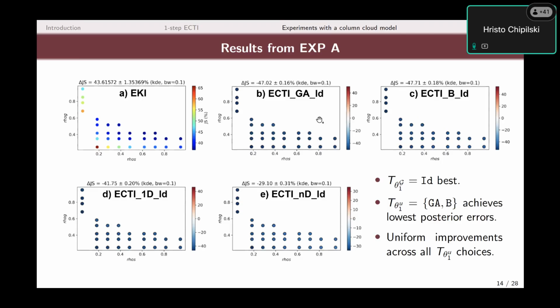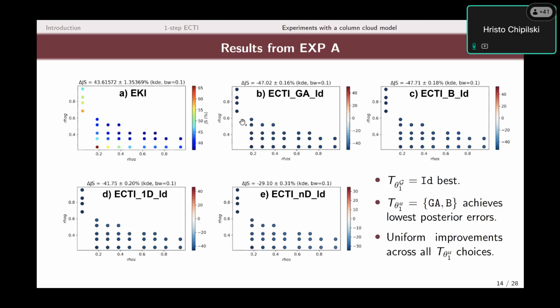So some results from experiment A. In the upper left, we have the ensemble Kalman inversion, which is our reference method. These are the posterior results with respect to the Jensen-Shannon divergence. And we see here that for the 30 parameters, the weakest performance of the ECTI occurs for parameter pairs which are close to the bounds of these parameters, which, as Molly already talked about, is expected due to the non-Gaussian distributions that arise in these problems.